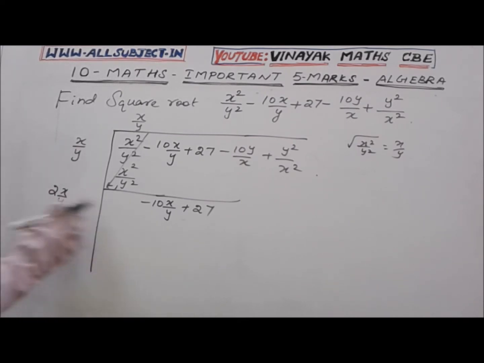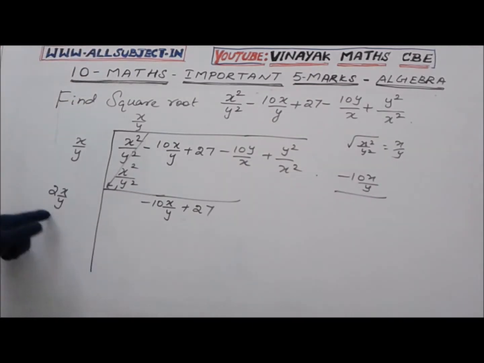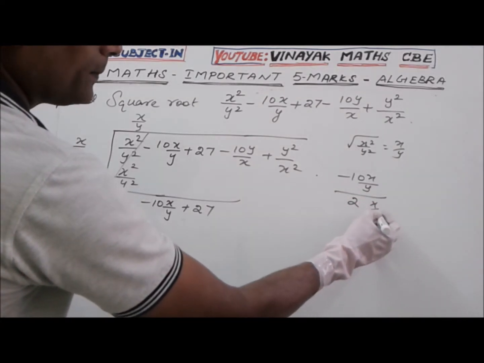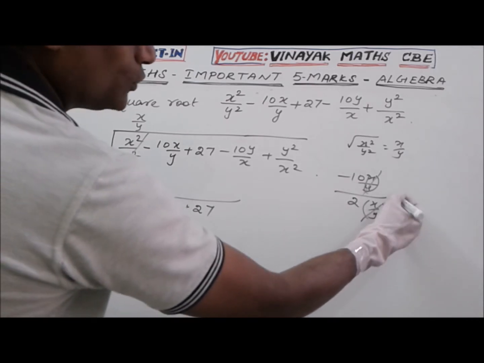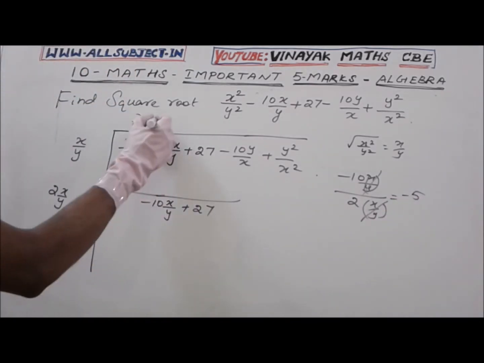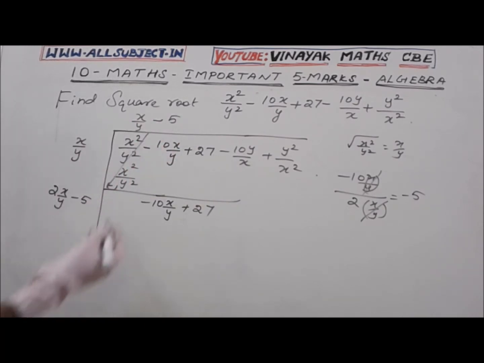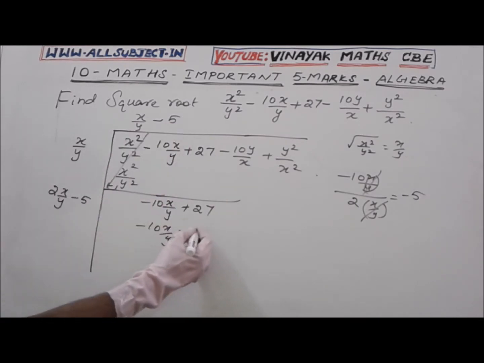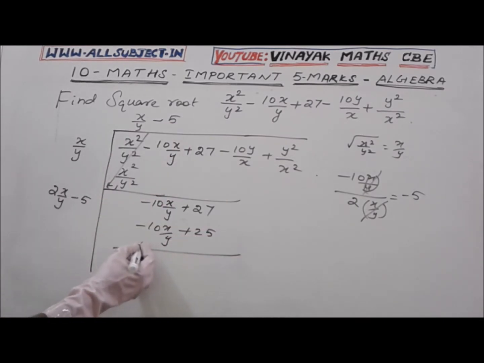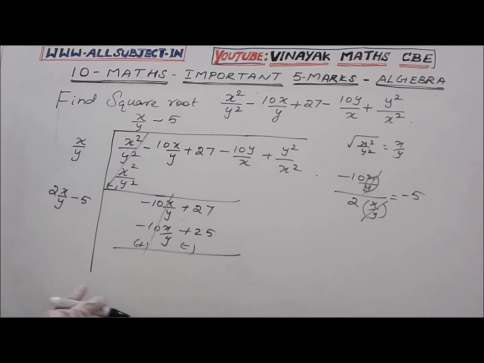And dividing the first term, minus 10x by y divided by 2x by y, this x by y gets cancelled, minus 10 by 2 equals minus 5. Adding minus 5 here and here and multiplying by minus 5, we get minus 10x by y plus 25. Then subtracting, changing its sign, these two get cancelled. The remaining is 27 minus 25, which is 2.